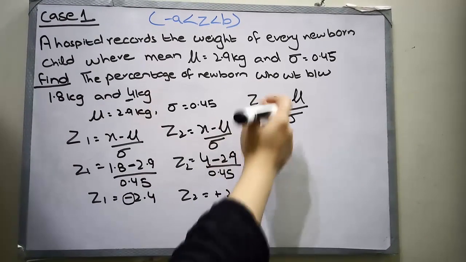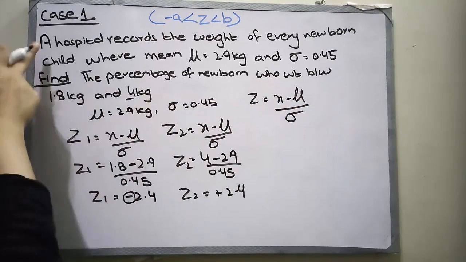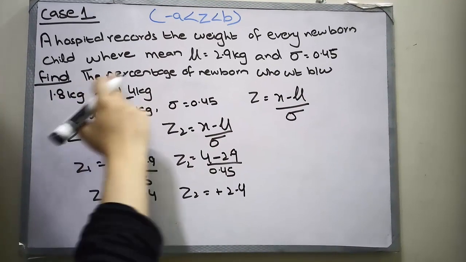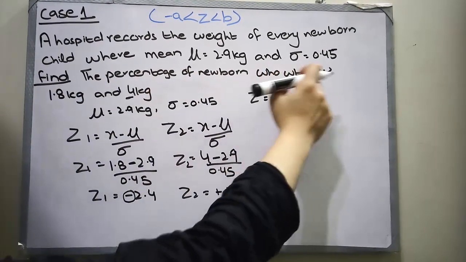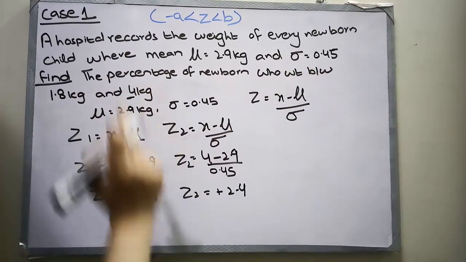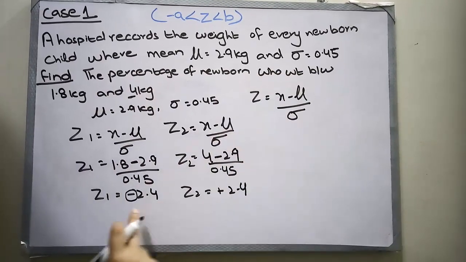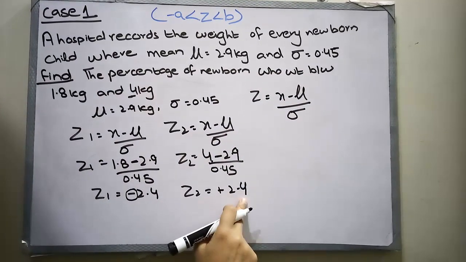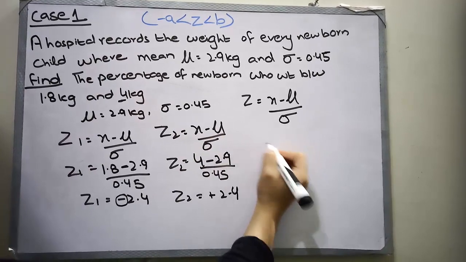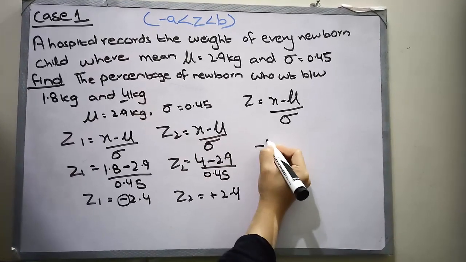What is actually required in this scenario is that we have to find the percentage of newborns who weighed between 1.8 and 4 kg. So we have to find the weight of newborns between Z1 and Z2. So we can write this as minus 2.4.